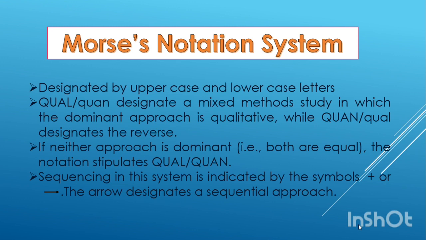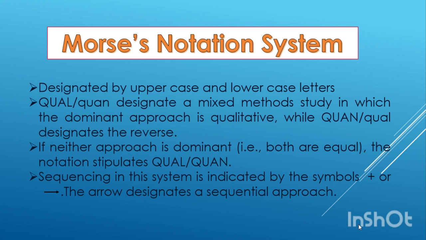So qual or quan designate a mixed method study in which the dominant approach is qualitative, while quan over qual designates the reverse. Okay? If neither approach is dominant, for example, both are equal, the notation stipulates qual plus quan.